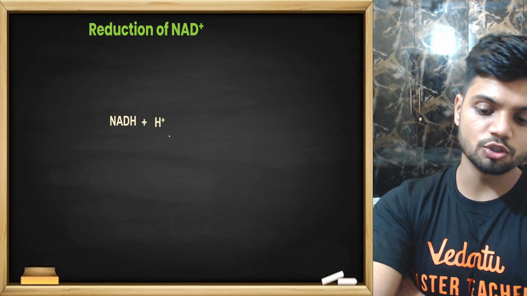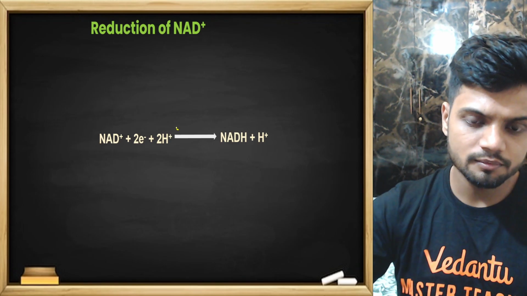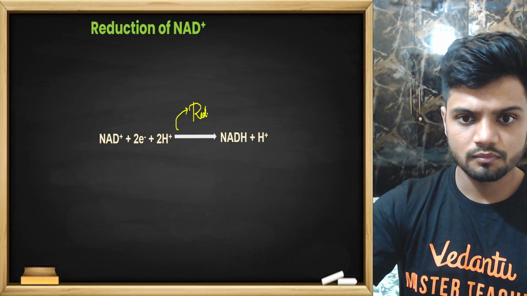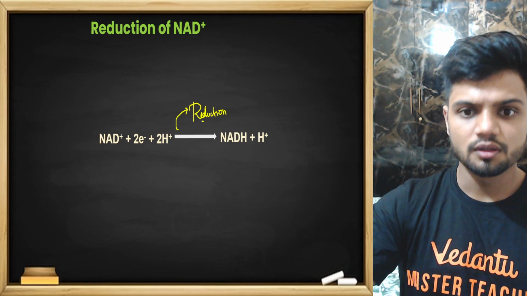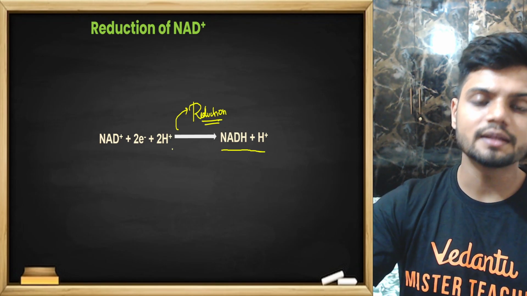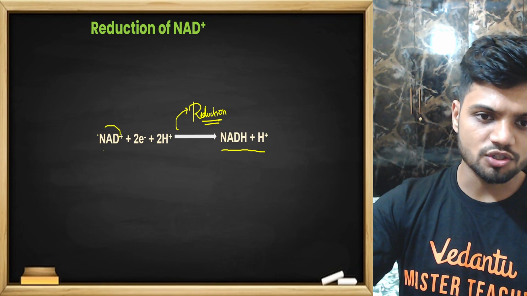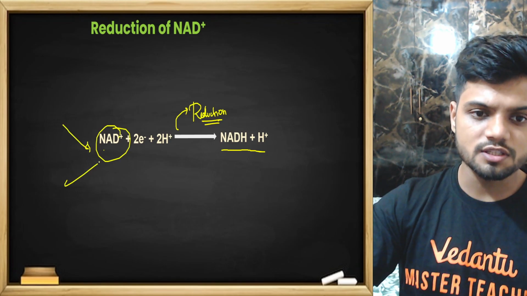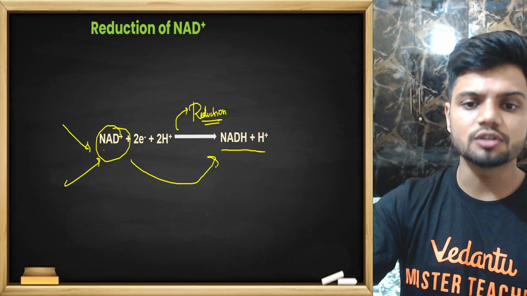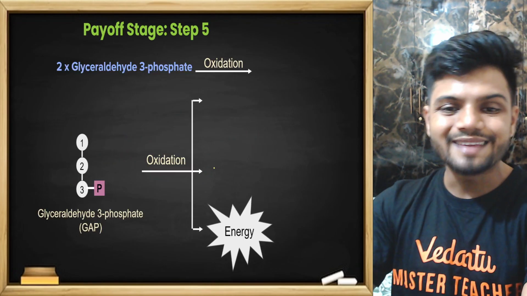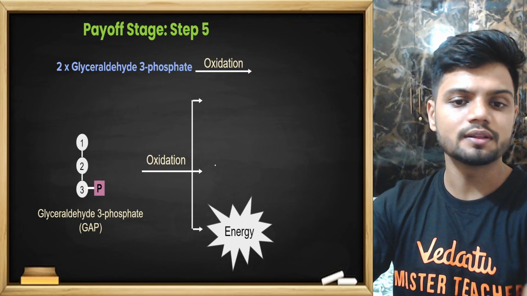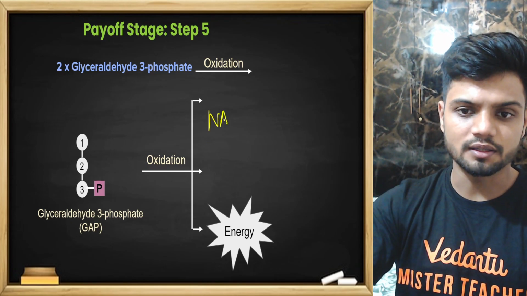So it is undergoing reduction to produce NADH. This particular structure received the electrons and protons, and it undergoes reduction to produce NADH. That is how in this step we get 1 NADH.